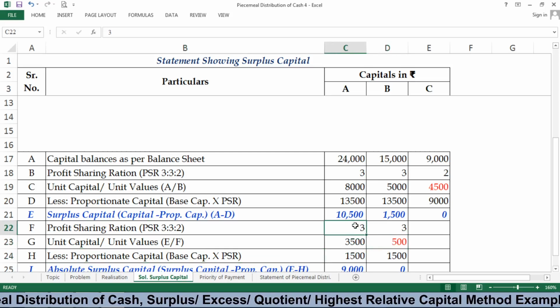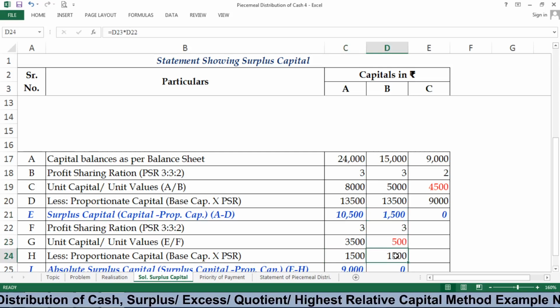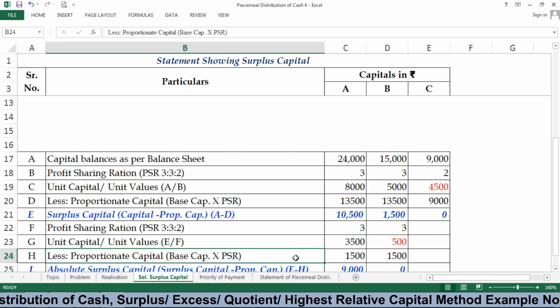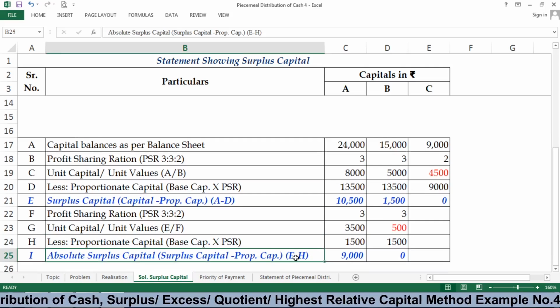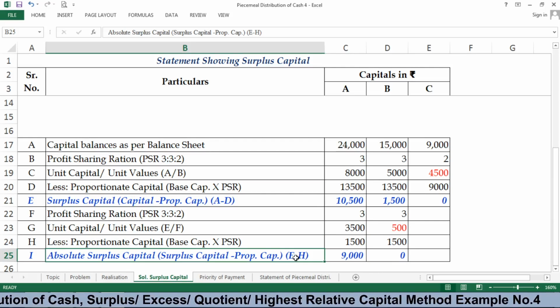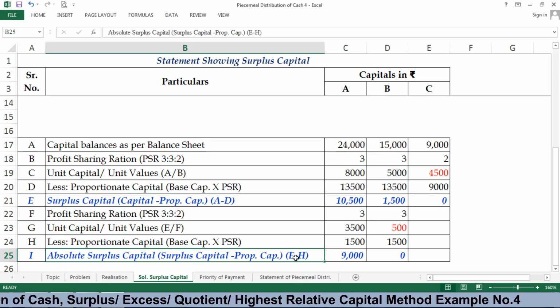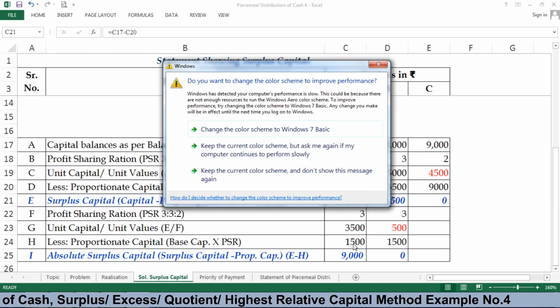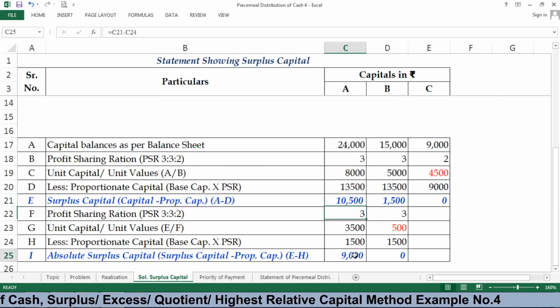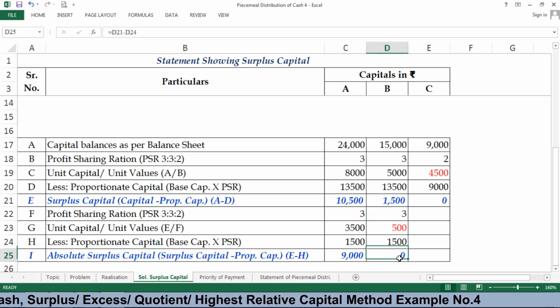So 500 into 3 will be 1,500, and 500 into 3 again will be 1,500. In this way we can calculate the absolute surplus, which is surplus capital minus proportionate capital. So here 10,500 minus 1,500, balance is 9,000, and 1,500 minus 1,500 will be 0.